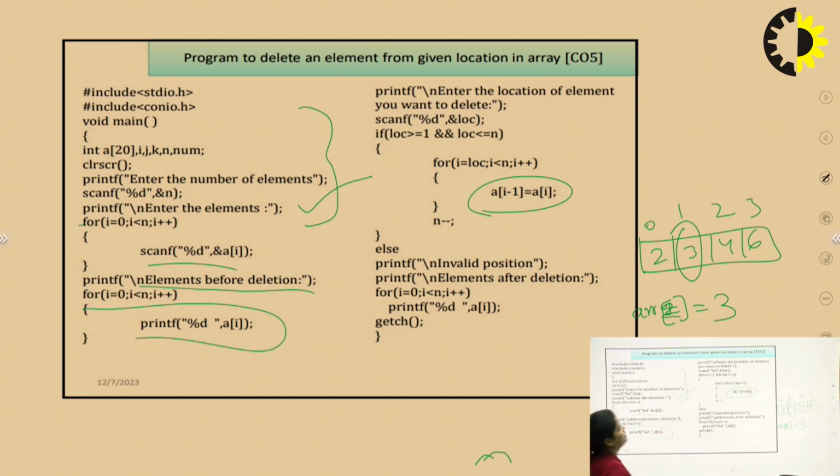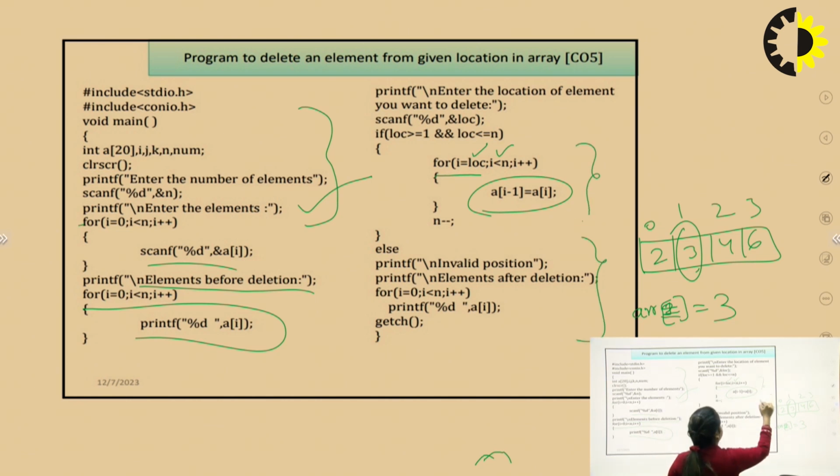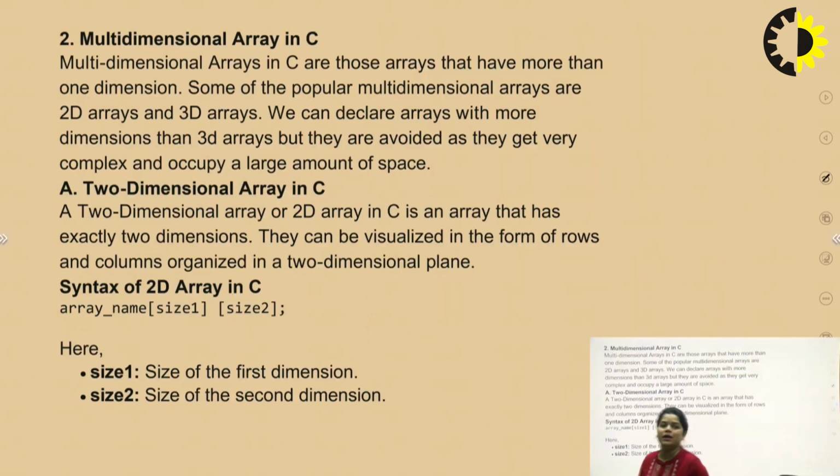Now enter the location of the element you want to delete, then scan it. Then you have to pick that location: the location is greater than or equal to 1 and less than n, then in that case i is the location, and the ith location is less than n, and so on. In this way, with the help of this, you will do the deletion. This we will see in our next lecture.